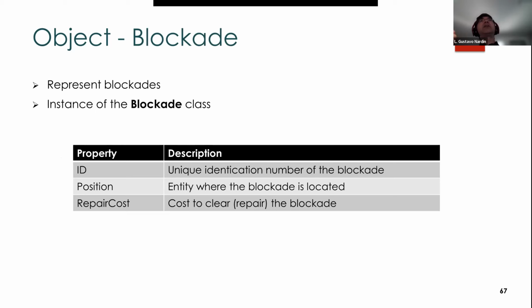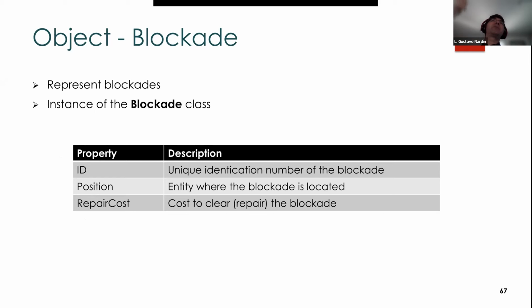As I said earlier, a blockade is also an object in the simulator, and it has a position, which is an entity where the blockade is located. So it's a pointer to the entity where the blockade is located, and there is a repair cost. How hard would it be to clean up the blockade? Remember the clear repair rate?